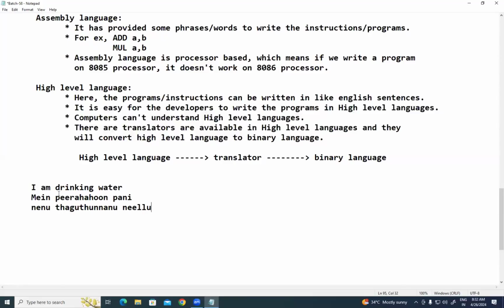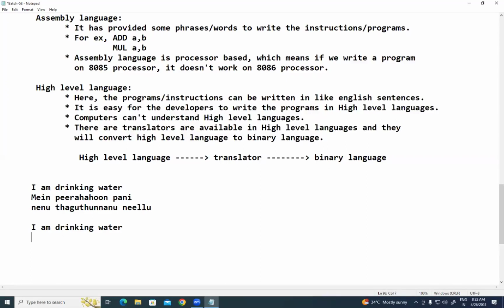My question to you. Now tell me what is the correct statement? What is the correct statement in English? I am drinking water.